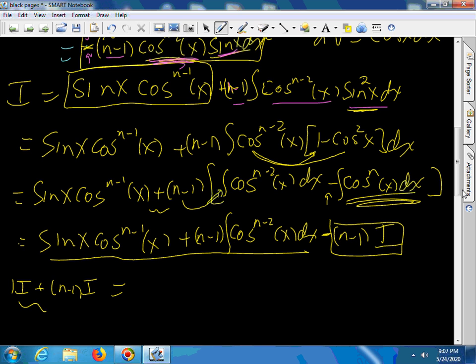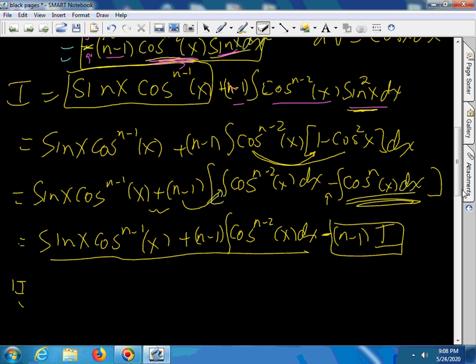But let's simplify this first. 1 plus n minus 1 is just n. You can think of it as n minus 1 plus 1: you have any number in the world, you take away 1 and then add the 1 back, you get n.